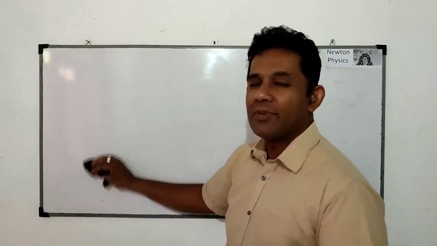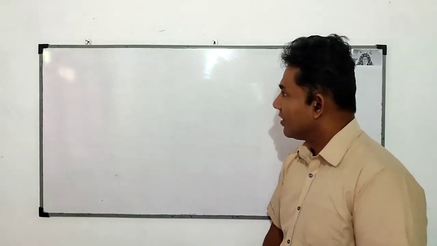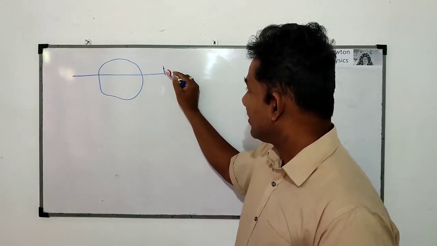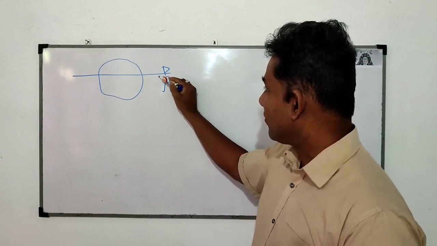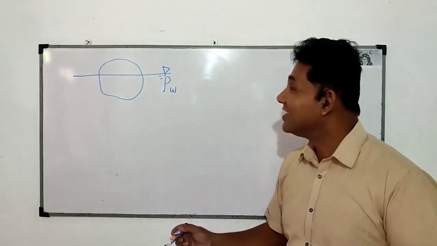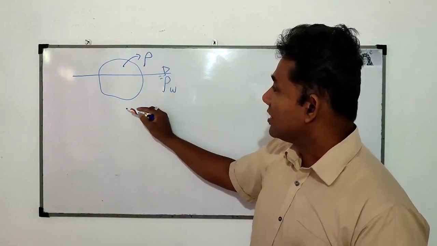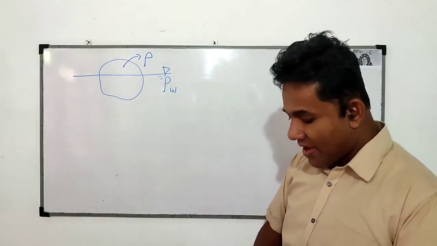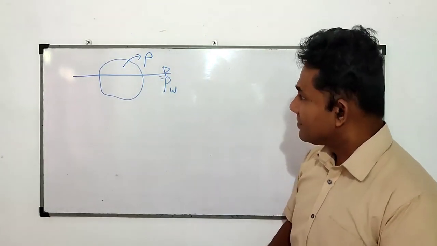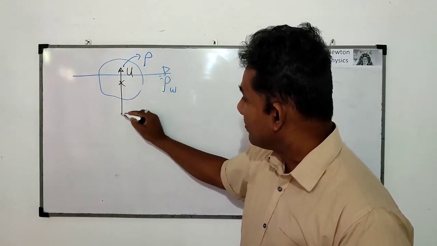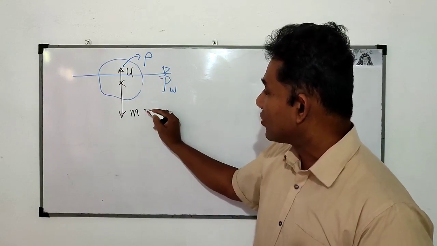Now here first I am taking the object floating freely in water. We know that the density of water I am taking as rho W, and the density of the substance I am taking as rho. Simply we know that according to the principle of floating, the upthrust exerted on the body becomes equal to its weight.